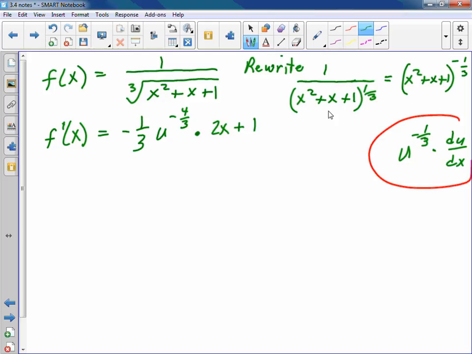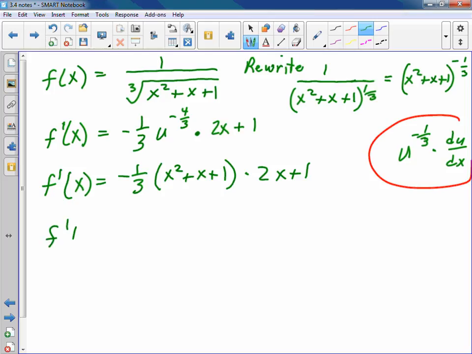And then we just plug in what we started with. f prime of x equals negative 1/3. What was u? x squared plus x plus 1 times 2x plus 1. It's not so bad. It's looking better. Let's clean it up, though.